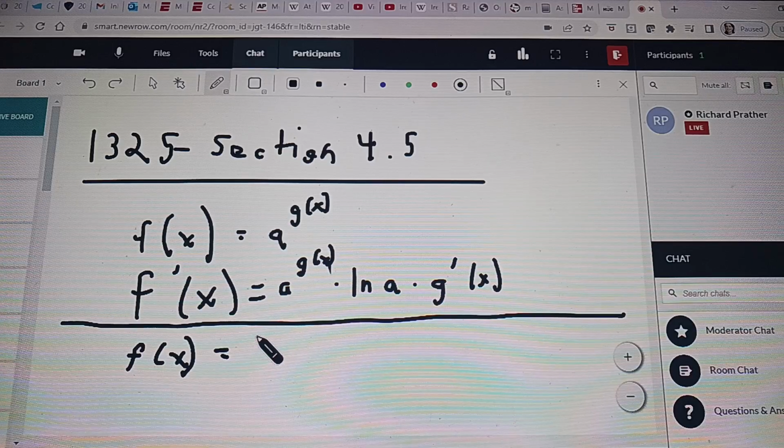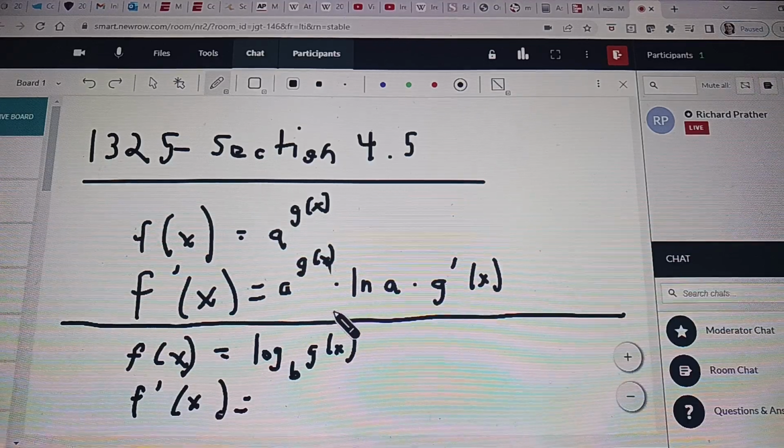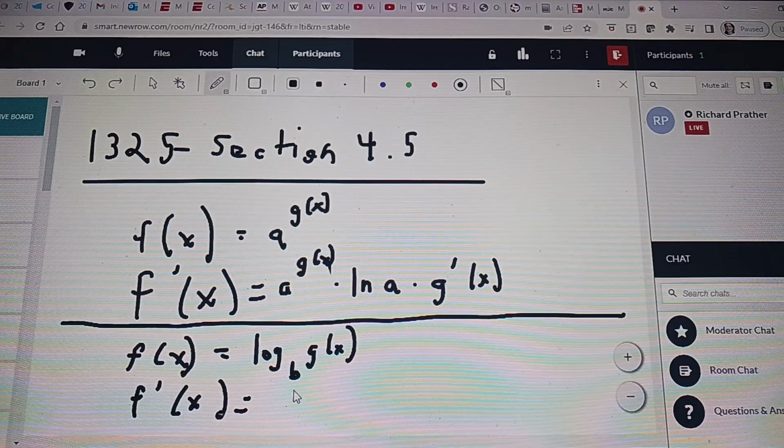If you have log base b of g of x, and you want to take the derivative of that, well, the exponential is itself over 1. So logs are opposite. You do 1 over the g of x function. Instead of being themselves over 1, they're 1 over themselves.